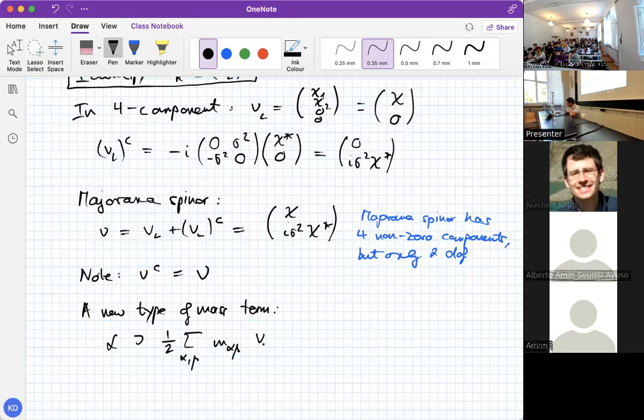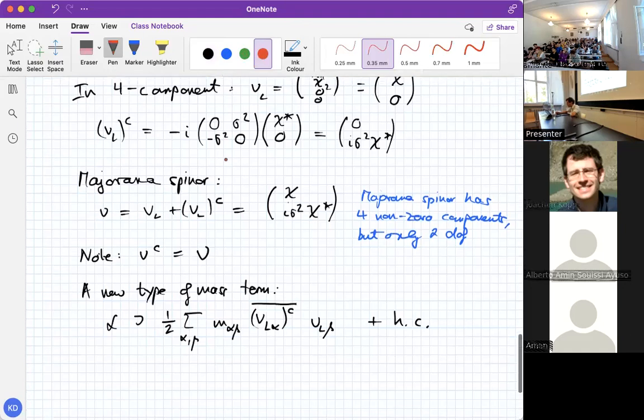There is now, however, instead of a right-handed field, the charge conjugate of the left-handed field, so nu L alpha C bar, and then we multiply by the left-handed field. And the Hermitian conjugate is still there. But because in this case the Hermitian conjugate doesn't add anything new, that's why we need this factor of 1/2. Otherwise, this term would be incorrectly normalized. The normalization would then be too large by a factor of 2.